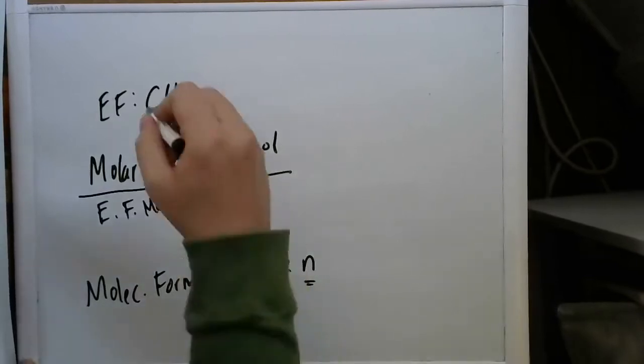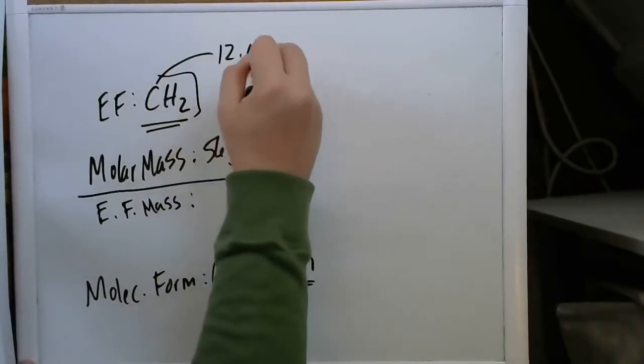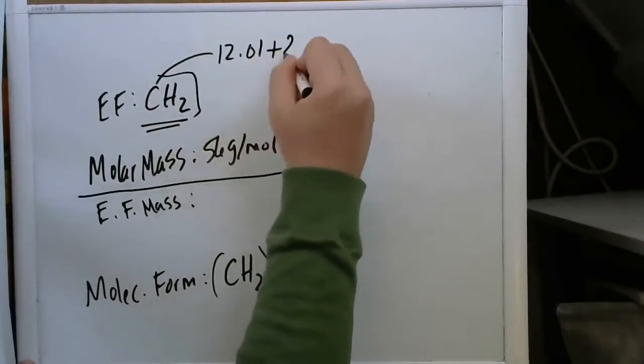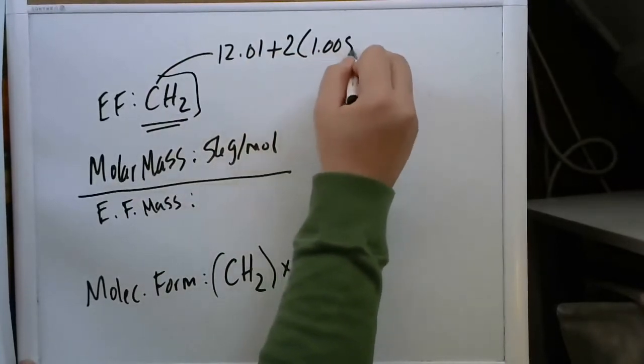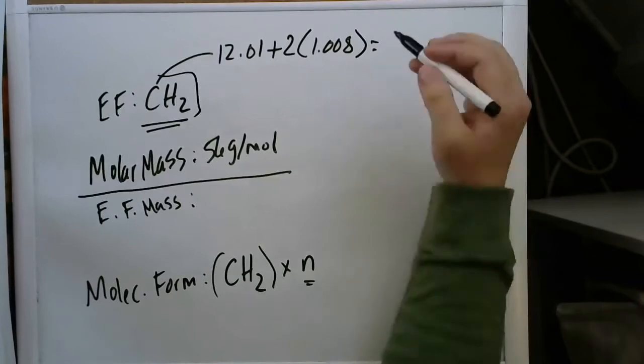Okay, and we're going to get that from up here. So we're going to take 12.01 plus 2 times 1.008. That's how we're going to get our empirical formula mass. And that's 14.026.